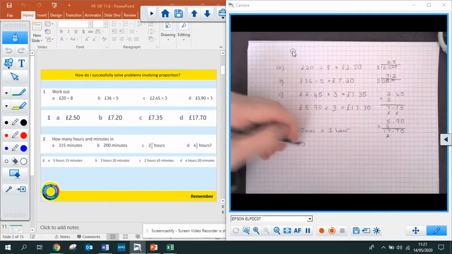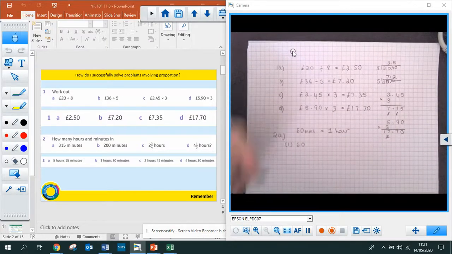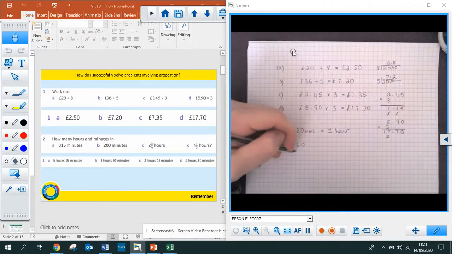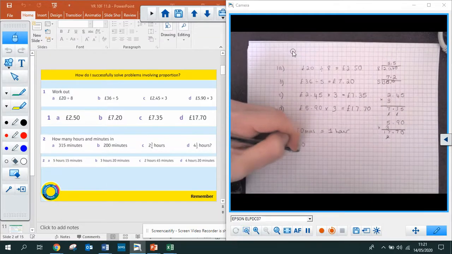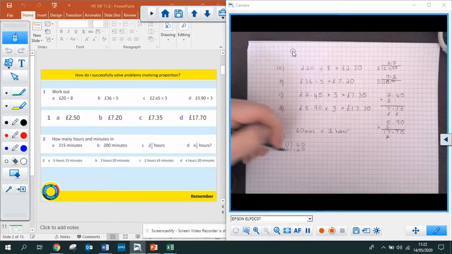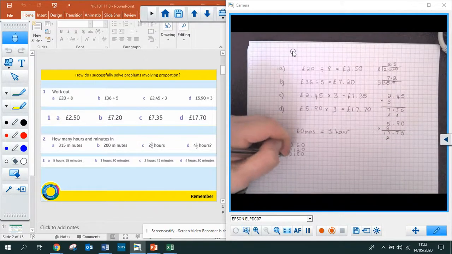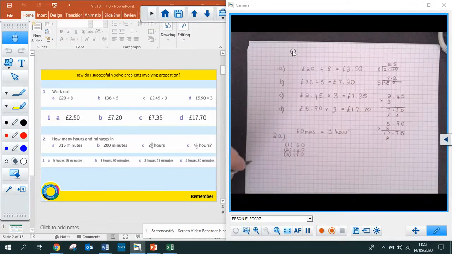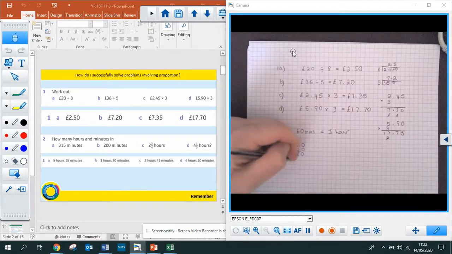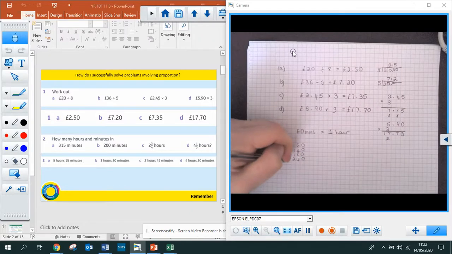So 60 minutes, you know that's 1 hour. Add another 60, that gets you to 120, so that's 2 hours. Add another 60, that gets you to 180, so that's 3 hours. Add another 60, that gets you to 240, so that's 4 hours.